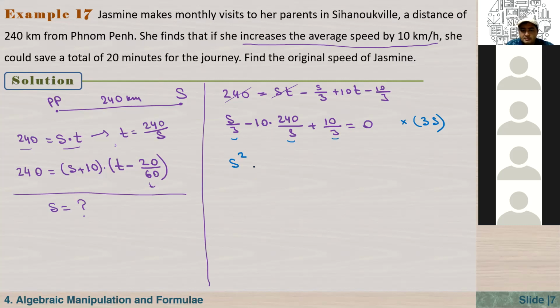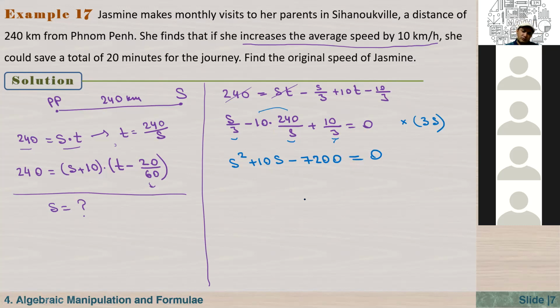Multiplying 10 over 3 by 3S, the 3 cancels, so we have plus 10S, written in standard form. If you multiply the second term by 3S, S cancels, so minus 240 times 10 times 3, which is 30 times 240, or 3 times 24 is 72, so 7200. That is equal to 0.